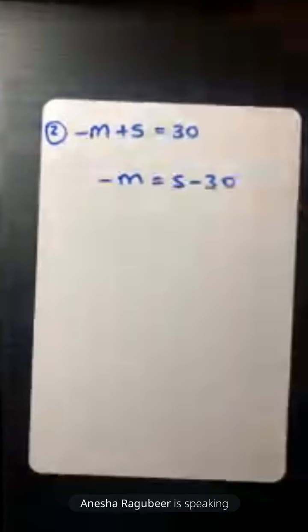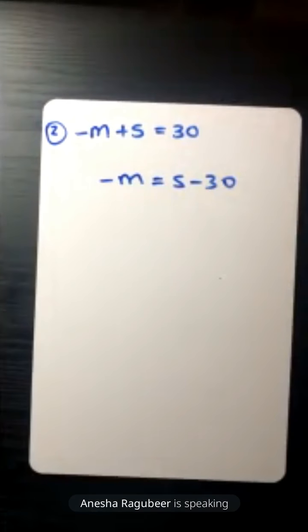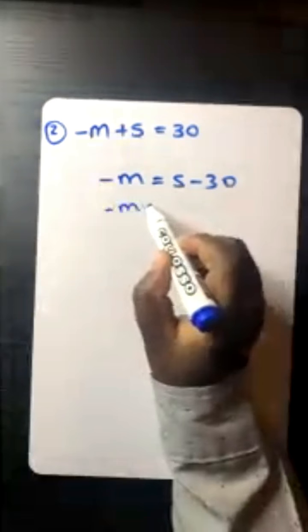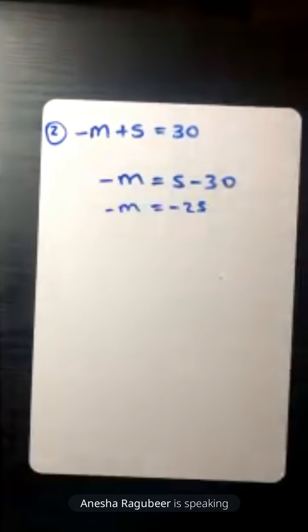So you're saying I've got negative m over there, which negative m equals negative 25. Okay, all right. So you mean negative m is equal to negative 25.